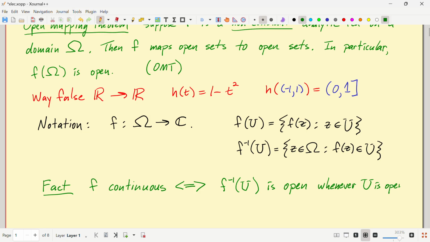Okay? If you haven't seen that someplace, well, it's a very simple thing to prove. You take your open set to be D epsilon about something, and you realize you'll get a D delta, and those are the epsilon and deltas in the definition of continuity.